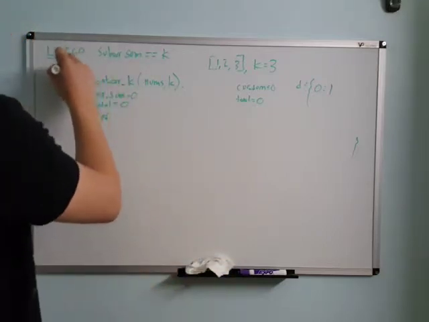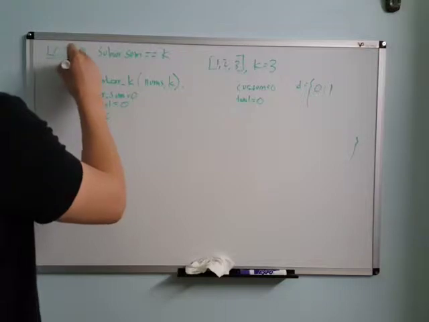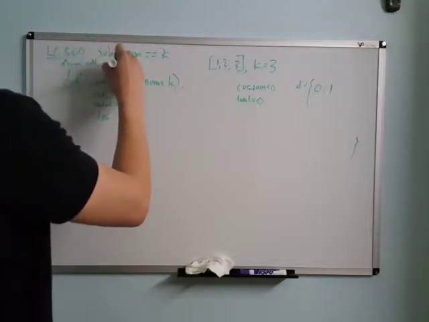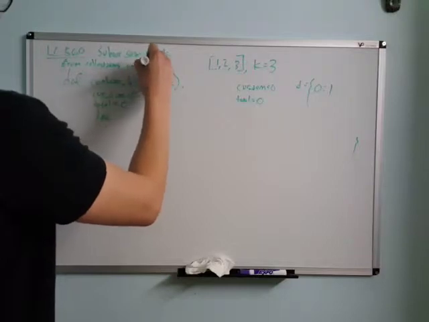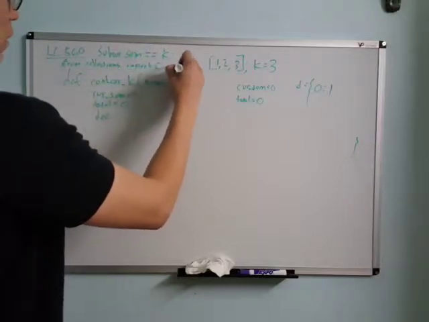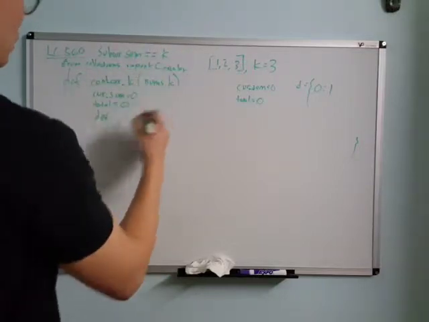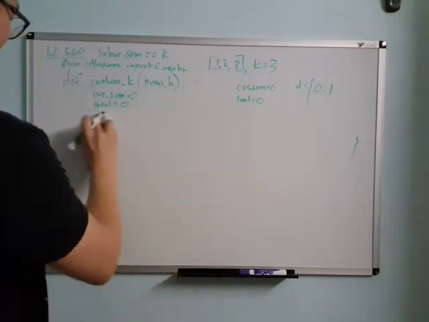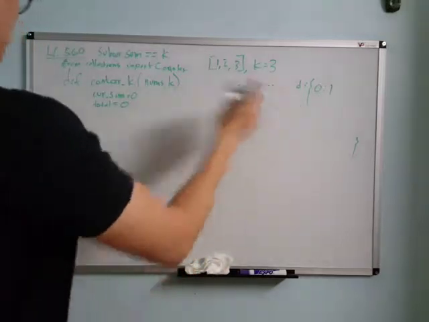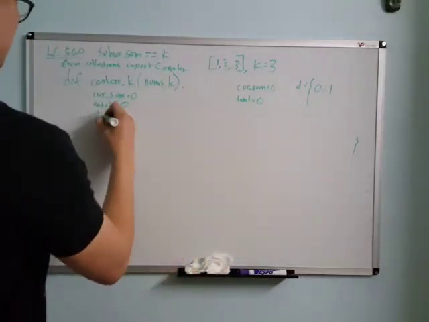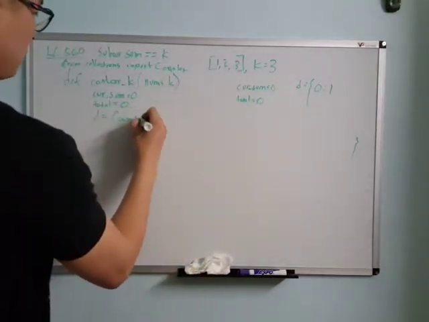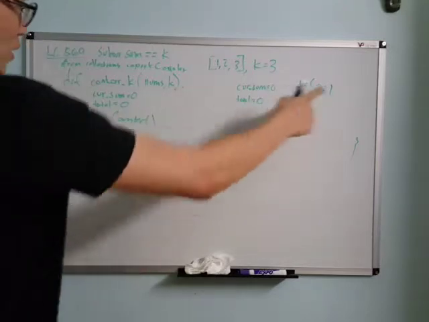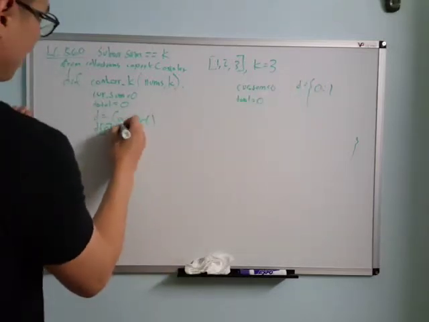Or you could import. Let's do from collections import Counter. What did I write? D. Yeah, so D is equal to Counter. Right. And then what I did there is D of 0 is equal to 1.